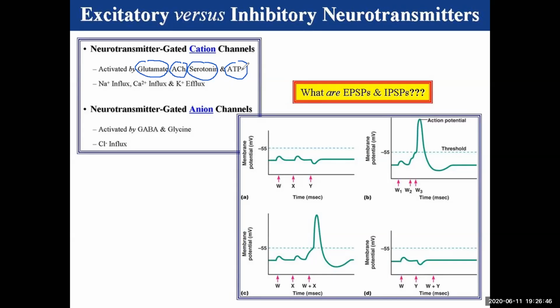And on the plasma membrane, on the dendrites, thousands of dendrites, or the cell body of the postsynaptic neuron, you have these neurotransmitter-gated ion channels where these neurotransmitters can bind. And once they bind, they open the channel, and you have sodium influx, meaning sodium is moving in, calcium influx, calcium is moving in, but you have potassium efflux, potassium is moving out, right? But there's much more influx than efflux.